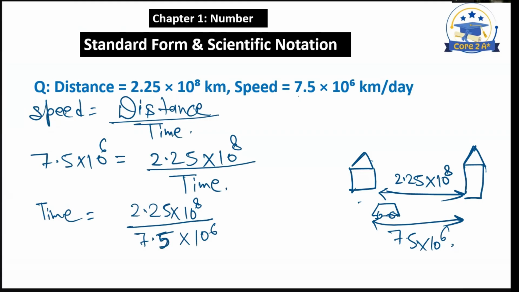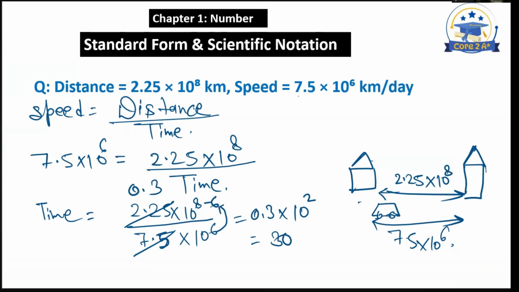Now, when we divide by 7.5, we will get 0.3. And what about that? It would be minus, right? When it goes in the numerator. So 0.3 multiplied by 10 to the power 2, how much is it?